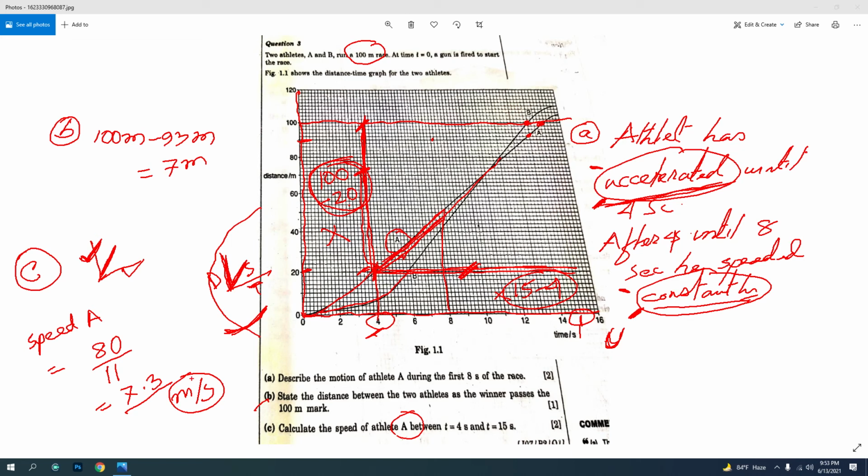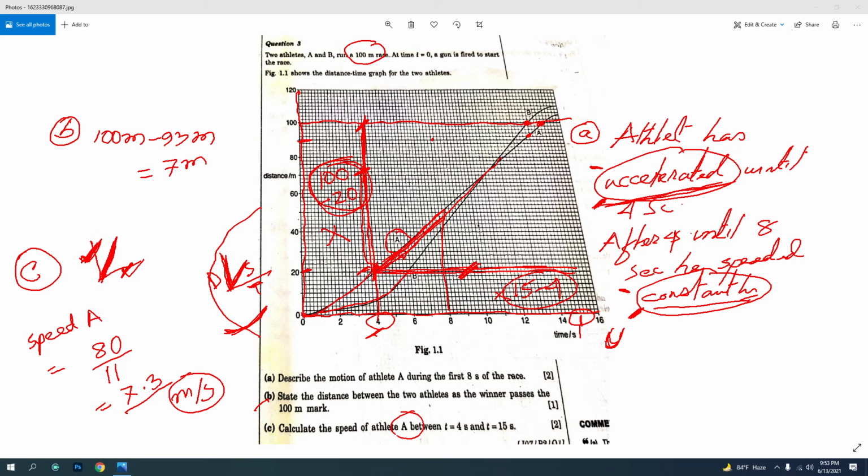So in total, calculate the speed. I told at the beginning of the video that for getting the speed, undoubtedly you have to take the vertical portion divided by the horizontal portion. You get this speed automatically.